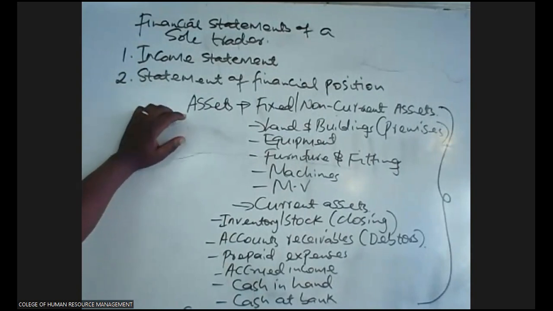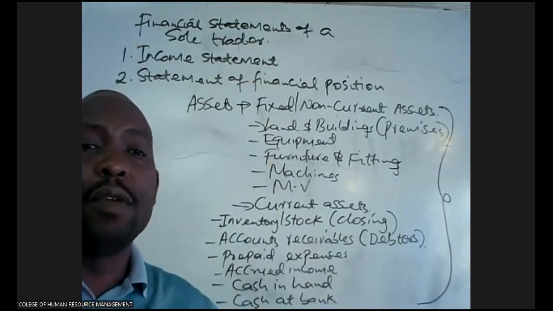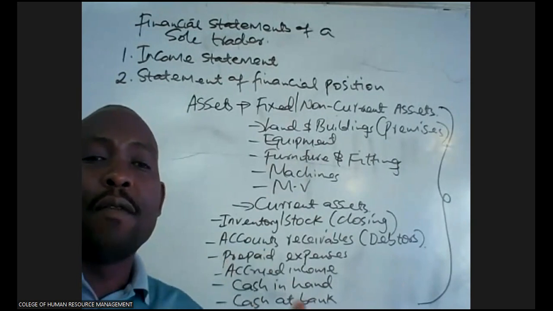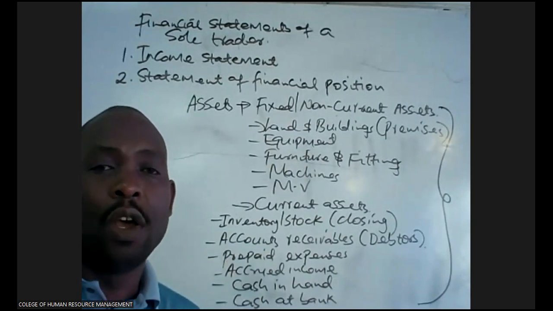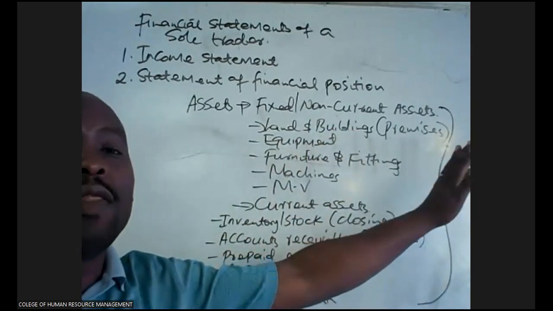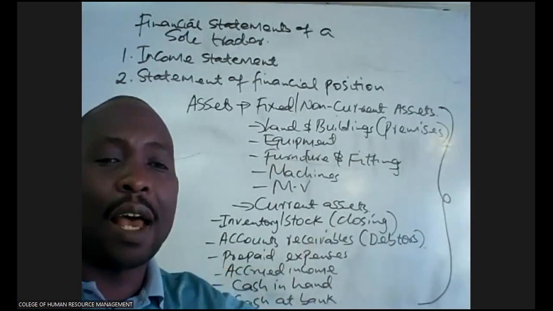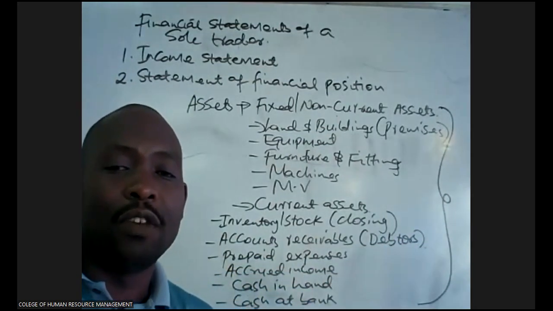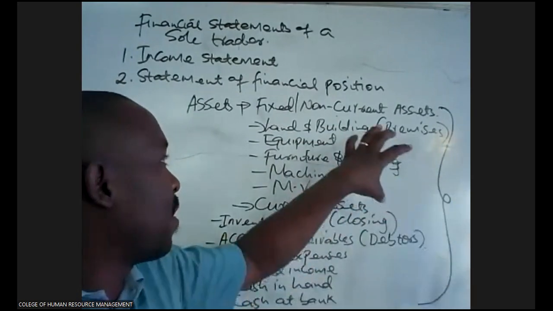The other thing that you need to note on the fixed assets is that, because they are going to be in the business for a long period of time, their value keeps on reducing through what we discuss as depreciation. So we shall be deducting depreciation so that we can know the net book value, which is the same as the remaining value on those fixed assets after undergoing depreciation. And our interest is to know the net book value of these fixed assets.